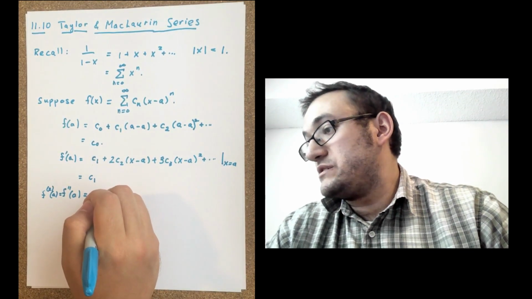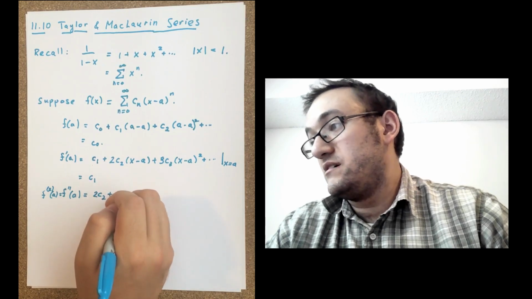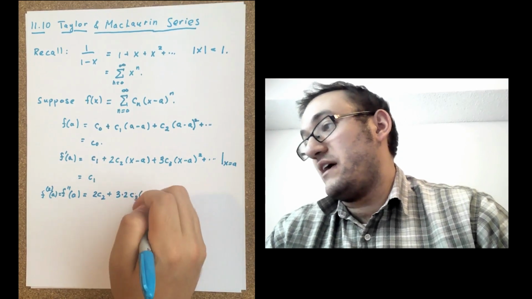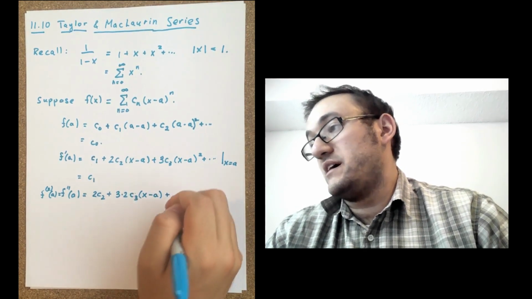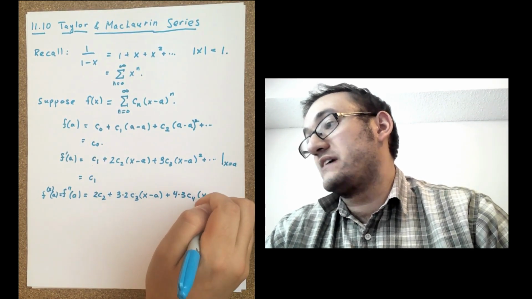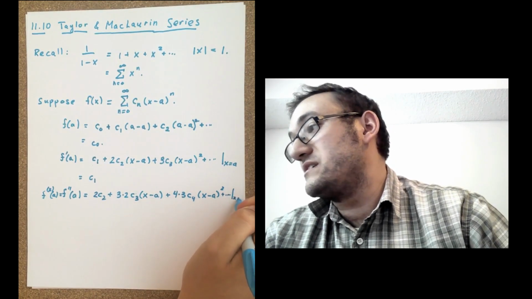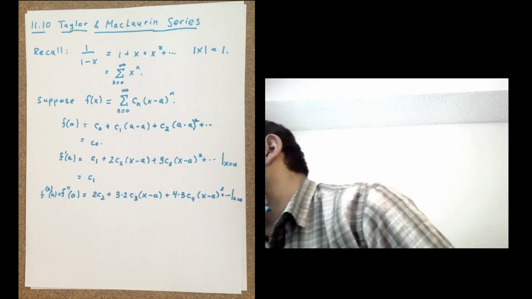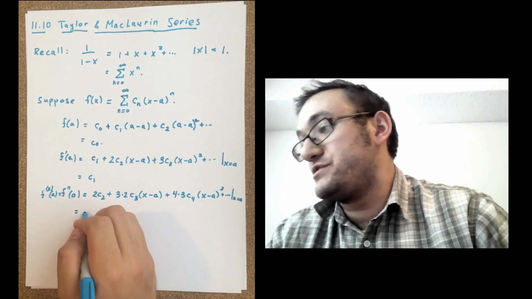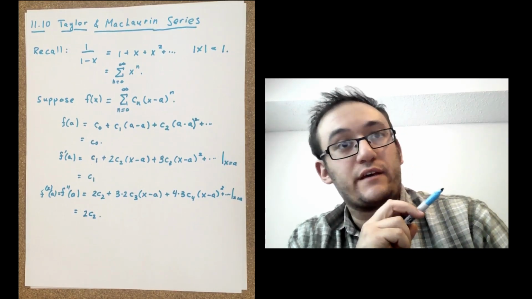This will be equal to 2c sub 2 plus 3 times 2 c sub 3 times x minus a plus 4 times 3 c sub 4 times x minus a squared, etc., all evaluated at x equals a. And plugging in a, everything vanishes after the first term, which is 2c2. Okay, so you probably see a pattern emerging.